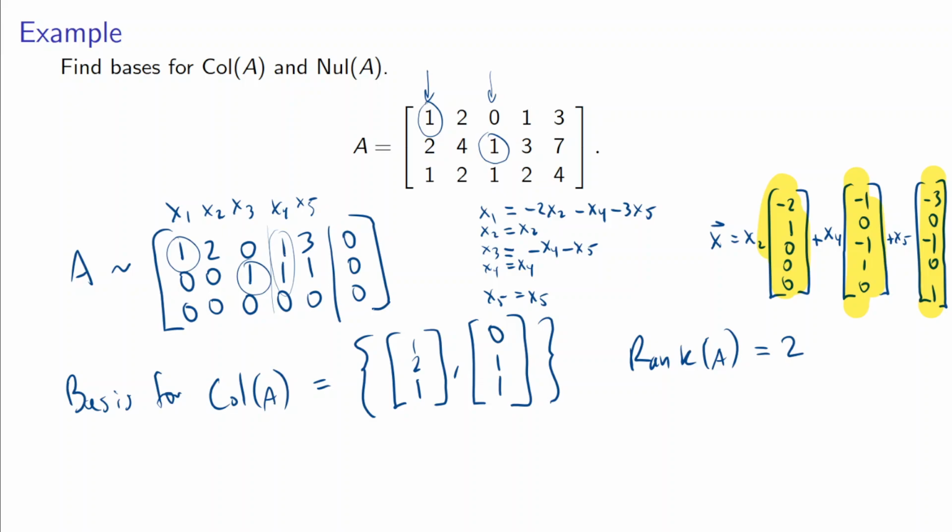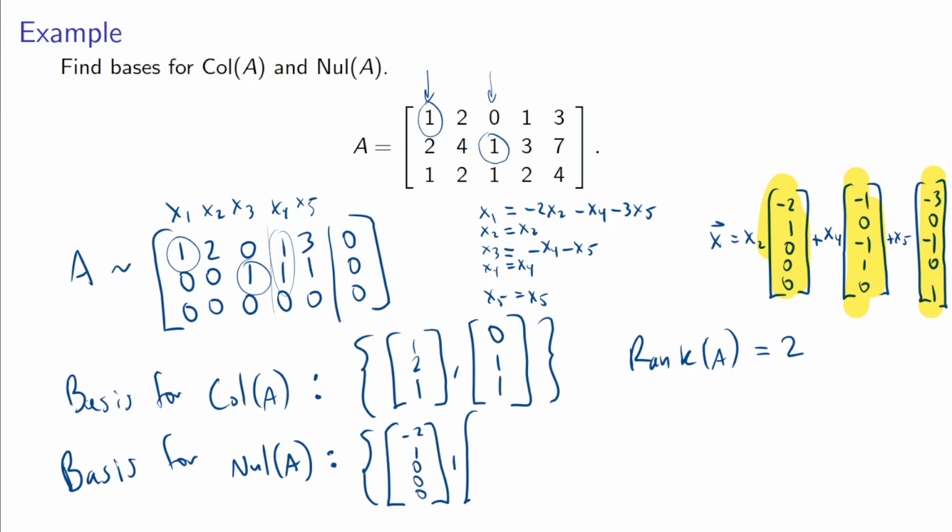And so a basis for the null space of A, using the colon notation, is going to consist of those three vectors: -2, 1, 0, 0, 0; -1, 0, -1, 1, 0; and -3, 0, -1, 0, 1.